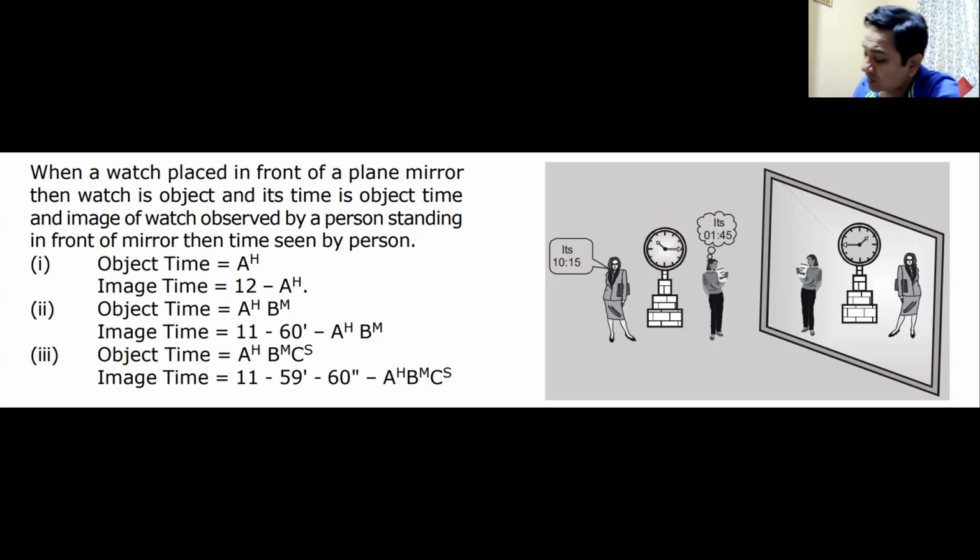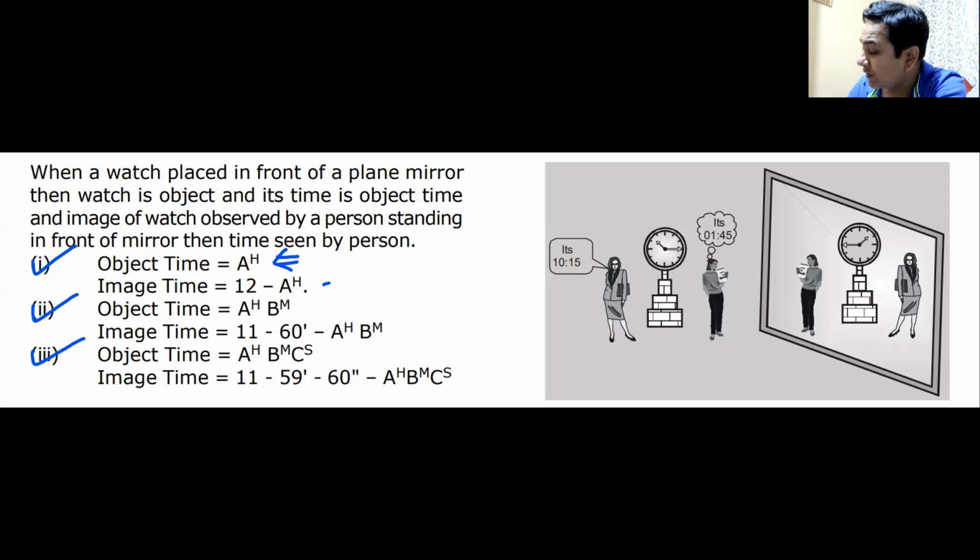Now, there are 3 types of questions that can be given. Question number A, question number B, question number C, or 1 to 3. Question number 1, we only have hours, like it is 6 p.m. or 5 p.m. or 4 p.m. The minute is not there because the minute is 0, second is 0.